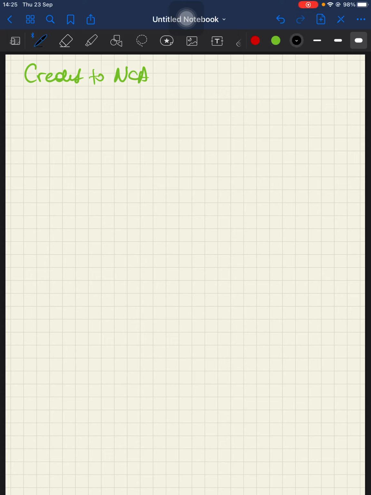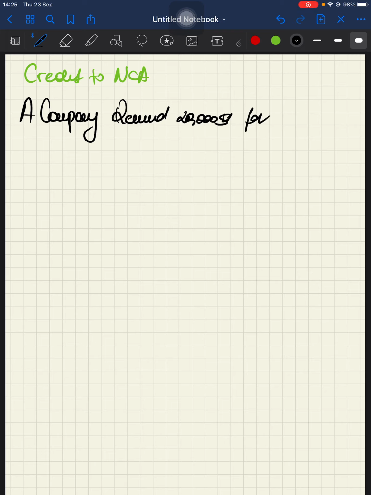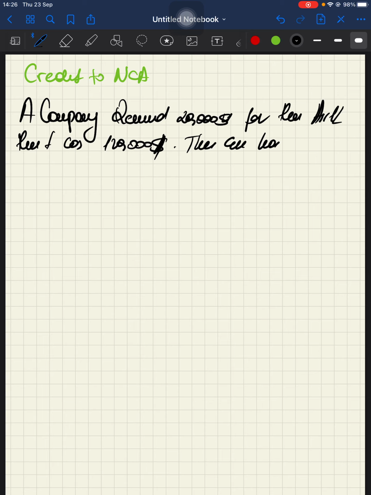So let's assume that a company received $20,000 for an asset that cost $120,000. Okay, and this asset has 5 years useful life.